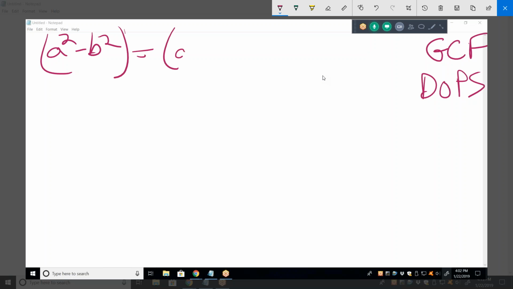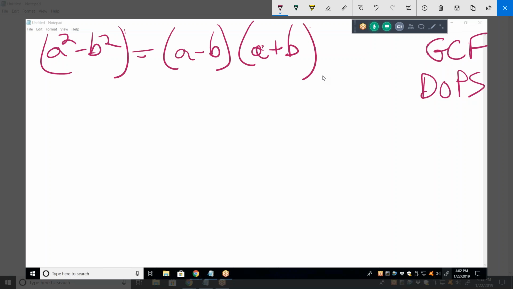The second thing you want to look at is this. DOPS. You know what DOPS stands for? Difference of perfect squares. So if I told you that a squared minus b squared always factors into a minus b times a plus b, that is a true statement.